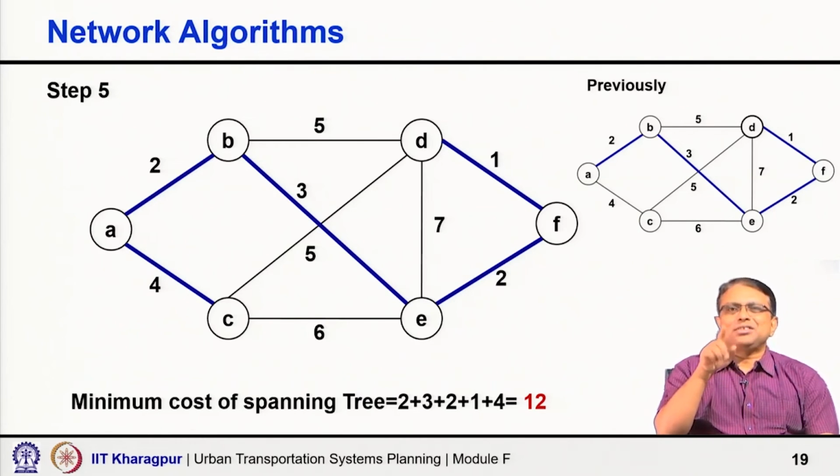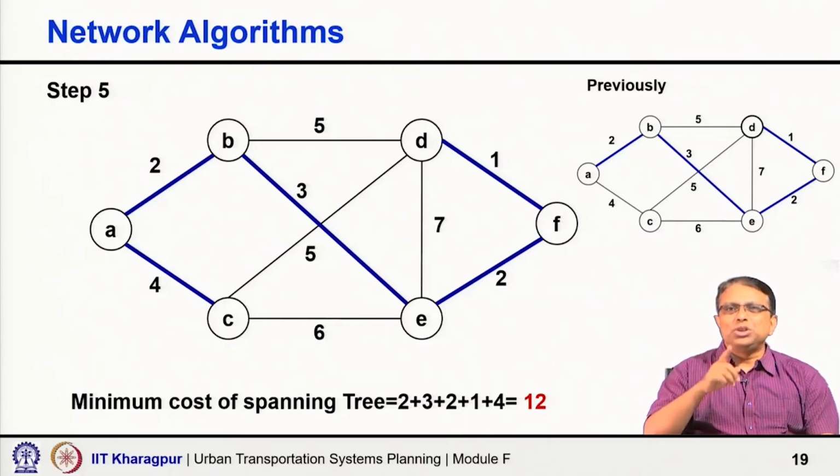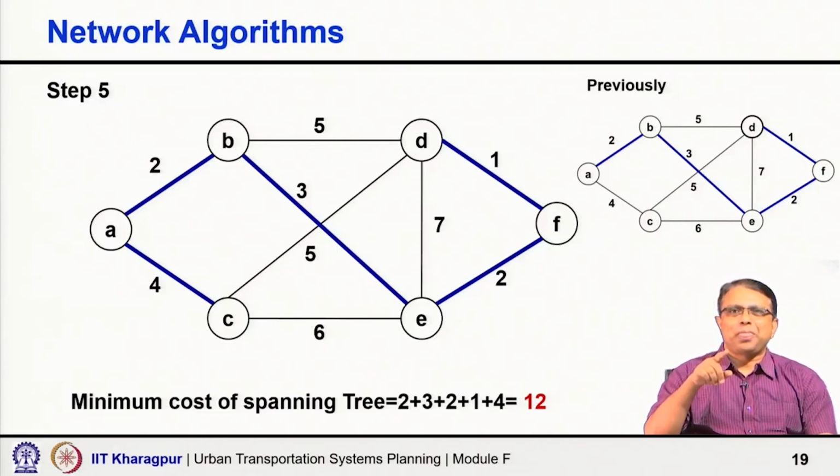Among those connections, the least cost connection I am taking, and like that going stage wise without creating a loop or cycle. Cycle I cannot create, because n nodes are getting connected with exactly n minus 1 links without creating a loop. I started with A, but you could start with B, you could start with C, any node. It does not matter which is your starting node, you will reach the same answer.